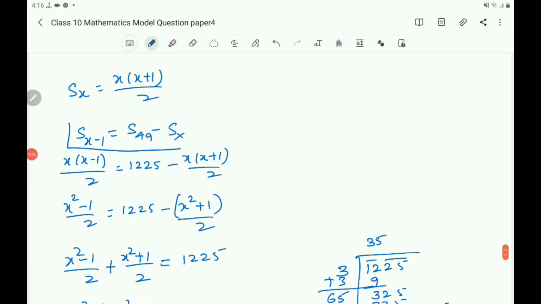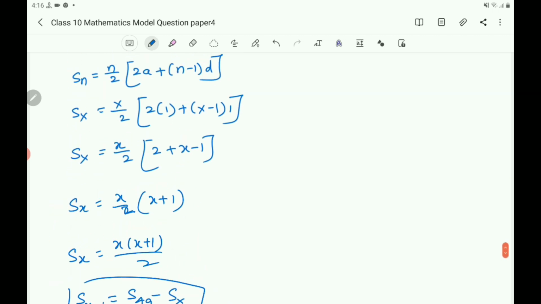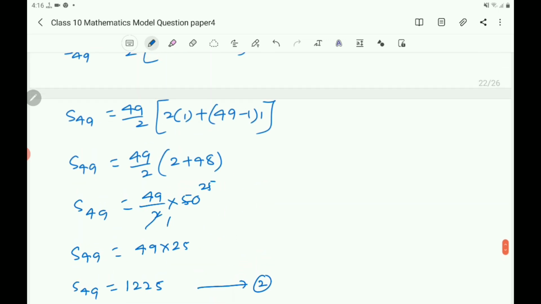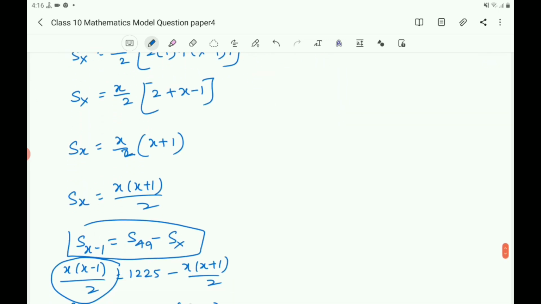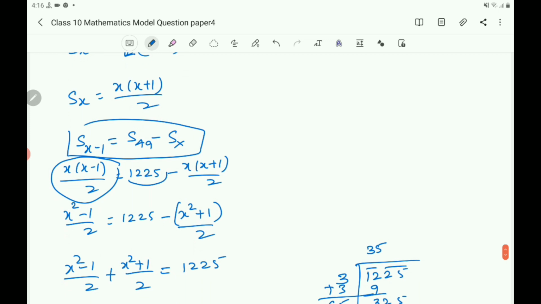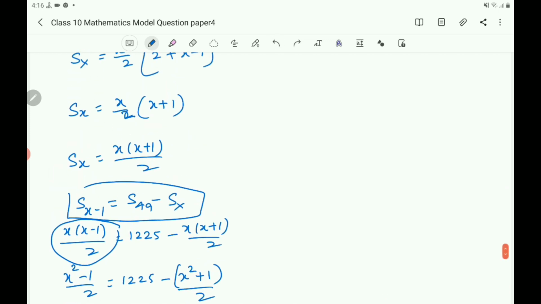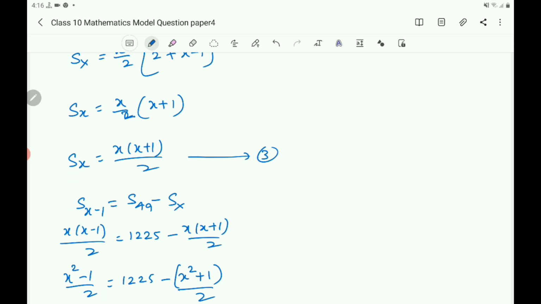In the relation S(x-1) equals S49 minus Sx, you got this value from the first, this value from the second, and this value from the third. Here you consider this as third, and you write the reason from first, second, third.